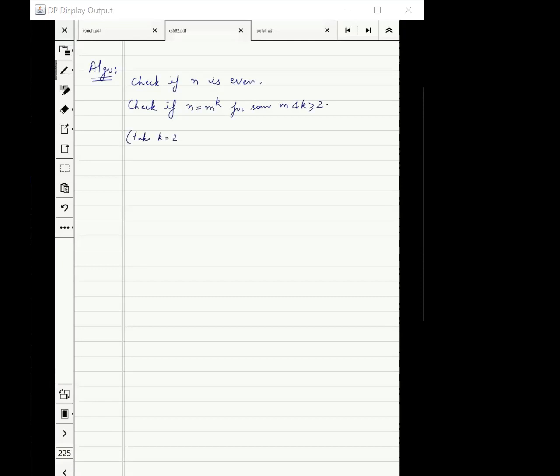Quickly means in log n time. The question is clear, right? No order finding is involved here. It's a very, very simple algorithm to find whether n is a perfect square or not. How will you check that quickly? We'll use binary search. Very nice. Just do binary search.